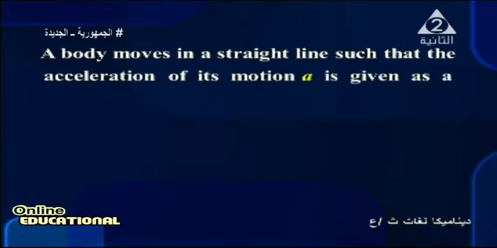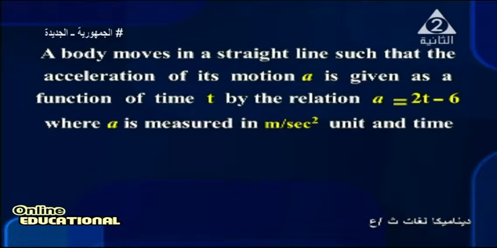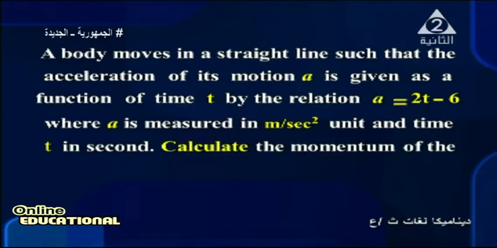Now we move to the next example. A body moves in a straight line such that the acceleration of its motion a is given as a function of time t by the relation a equals 2t minus 6, where a is measured in meter per second squared and time t in seconds.